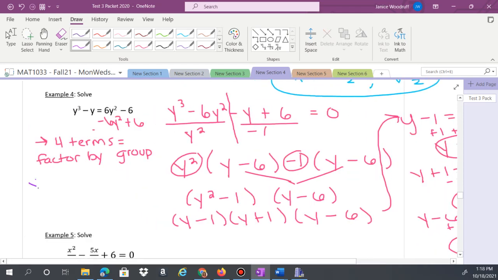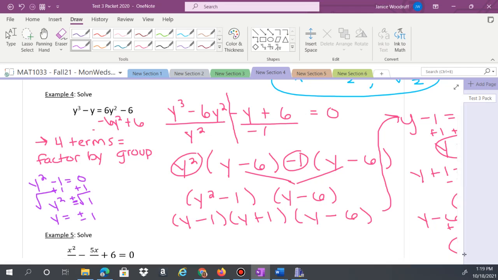You could have gone y squared minus 1 and then added the 1 and then take the square root. And the square root of 1 is 1. So you do plus or minus. See, the thing is, I don't like you guys doing that because a lot of you forget the plus or minus. But that still gives you the same thing, positive 1 and negative 1. Okay, does anyone need to see over here again?